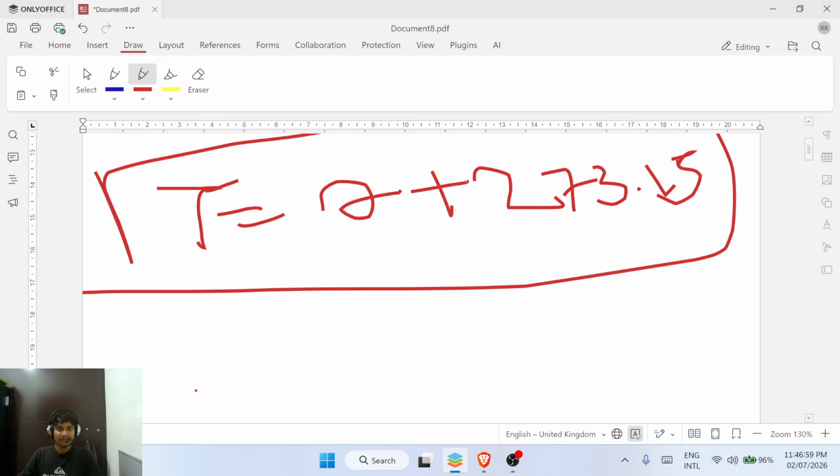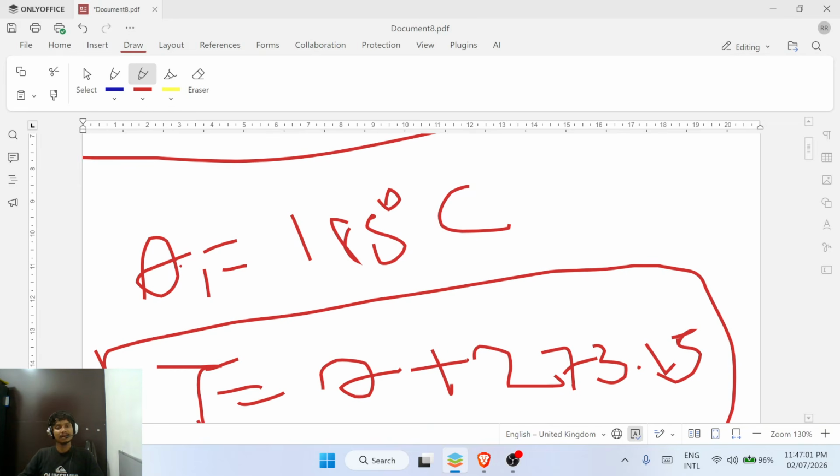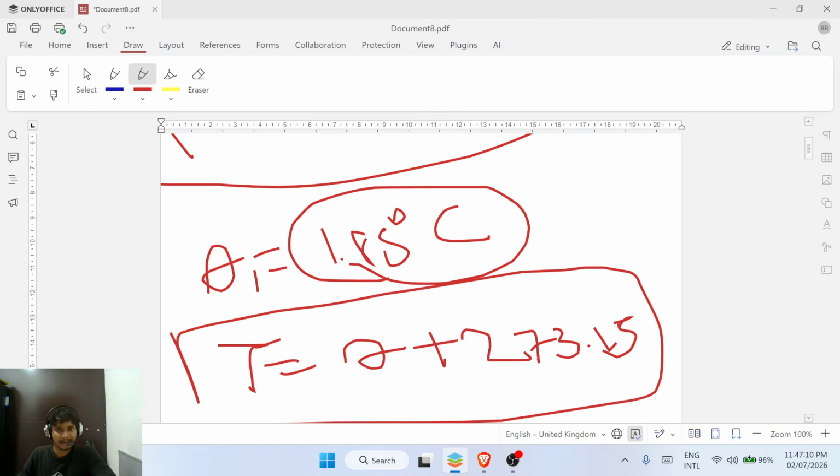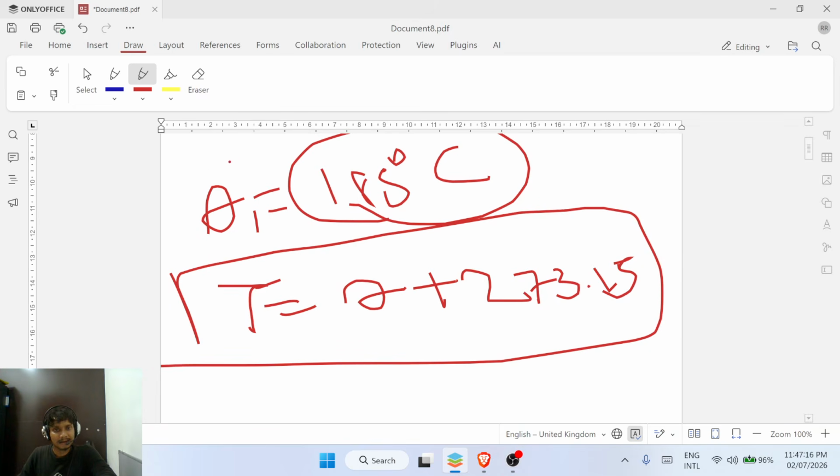Because we cannot substitute degrees Celsius directly into our equations. In thermodynamics and mechanical engineering, we have to convert the Celsius temperature to Kelvin.